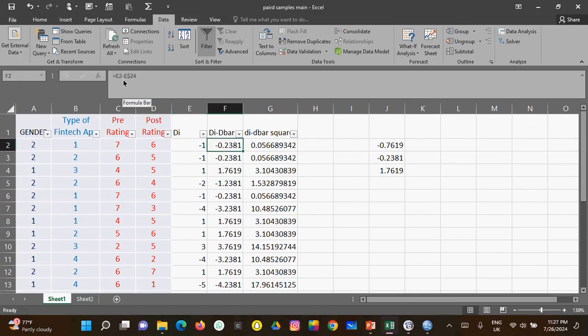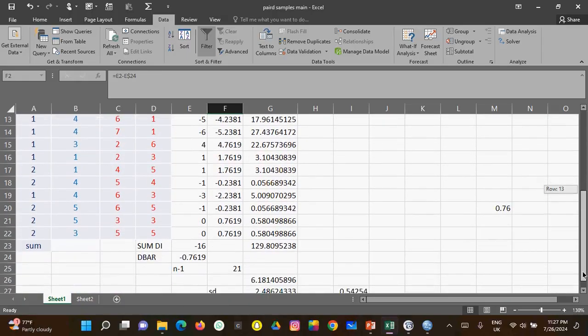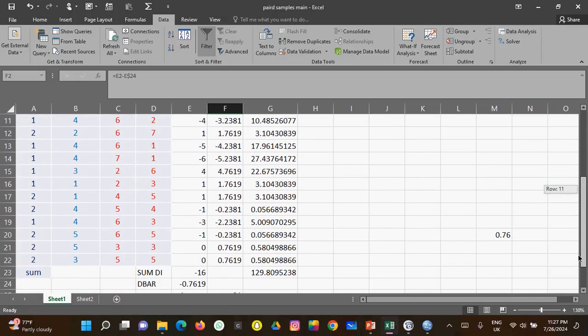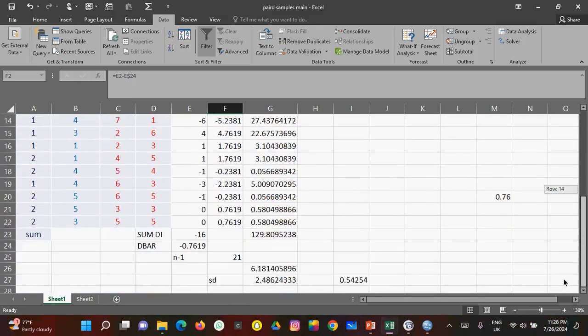As you can see, E2 minus $24. So row 24 has been locked, and then I just dragged everything and it went all the way down. That's the same thing I'm going to do: do the same thing and then drag everything downwards.